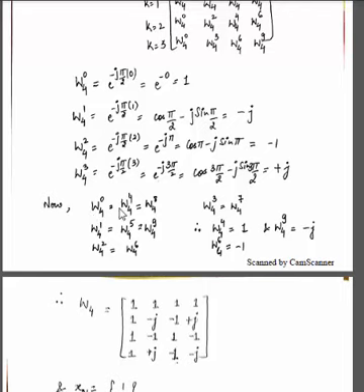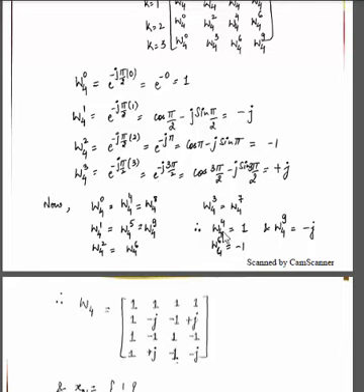So twiddle factor 0 is equal to twiddle factor 4. That means twiddle factor 4 value is the same as twiddle factor 0 and twiddle factor 8 value is the same as twiddle factor 4. In the same way, twiddle factor 5 value is equal to twiddle factor 1 and twiddle factor 9 value is equal to twiddle factor 5 and 1, and so on.